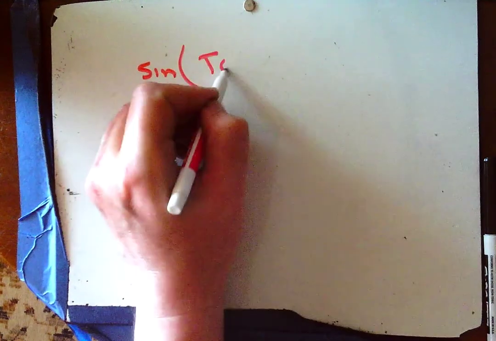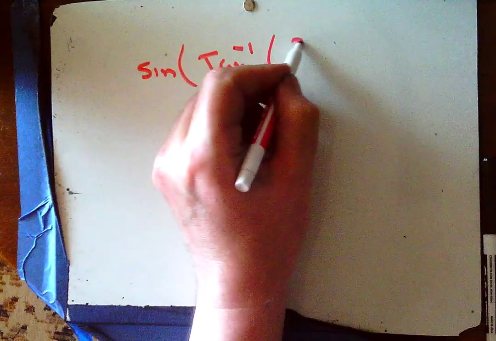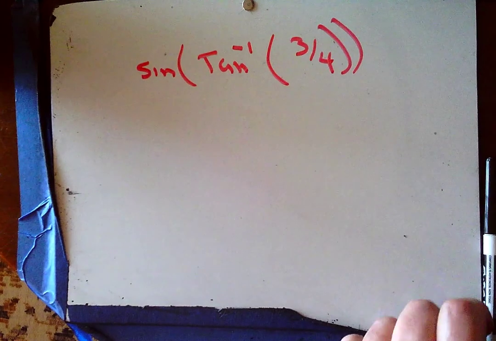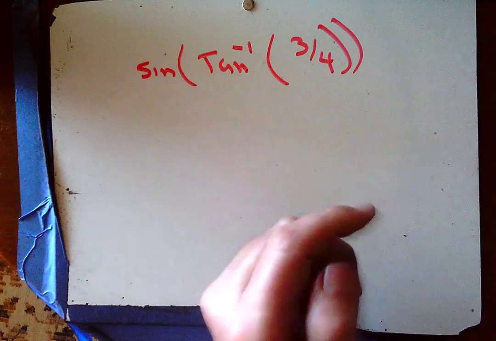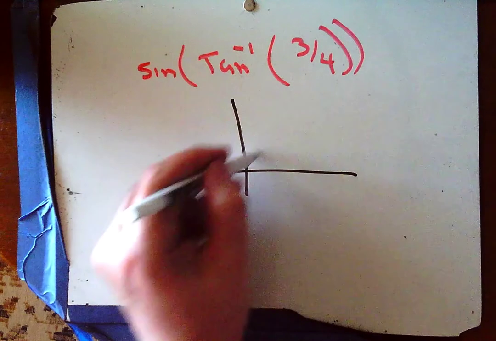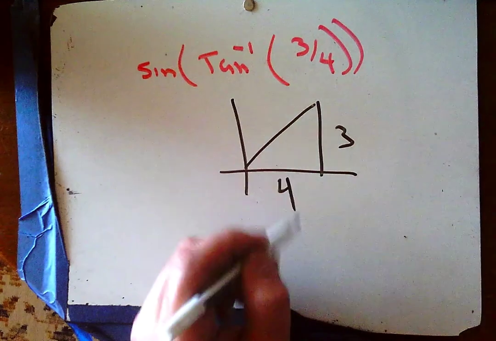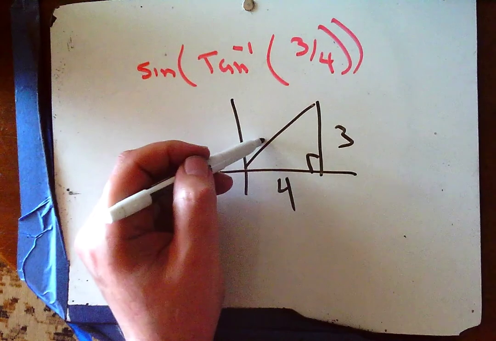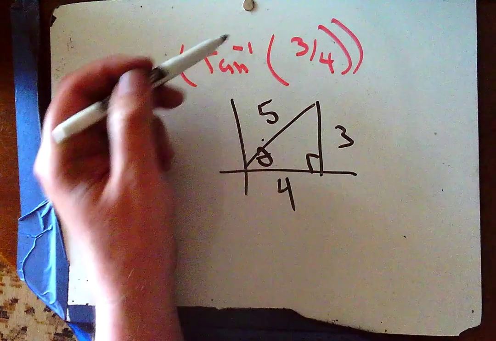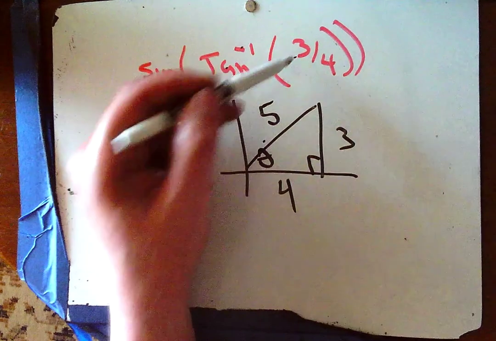Let's take a look at round 3. Sine of tangent inverse of 3/4. Okay, so how do I do that? My opposite, my adjacent. I'll use the Pythagorean theorem to find the missing side. And now, this asks what angle has a tangent of 3/4?